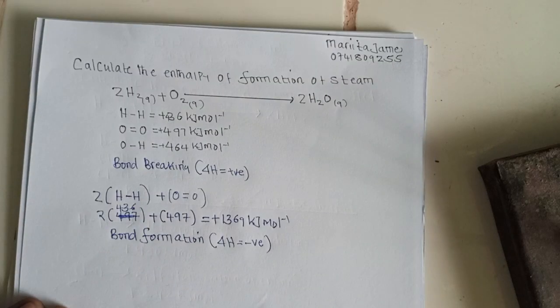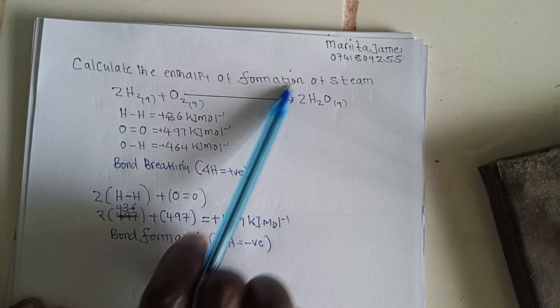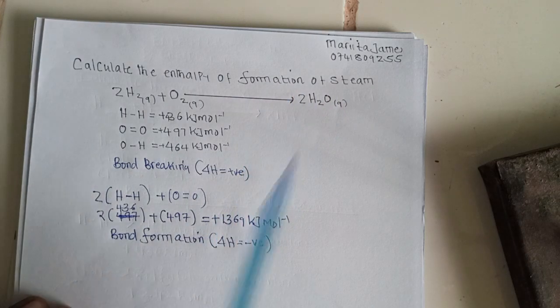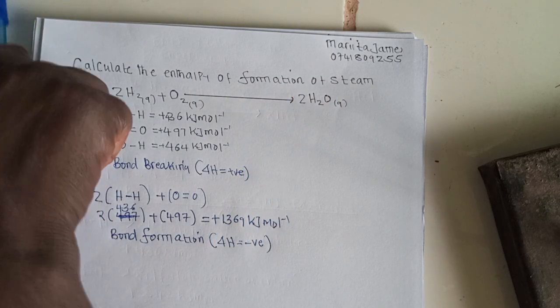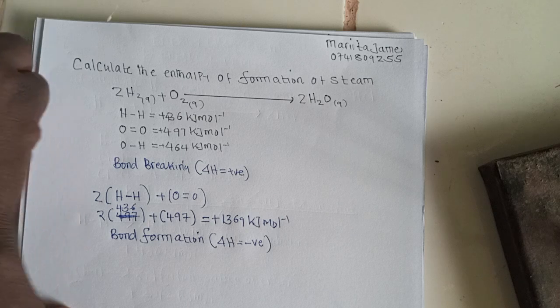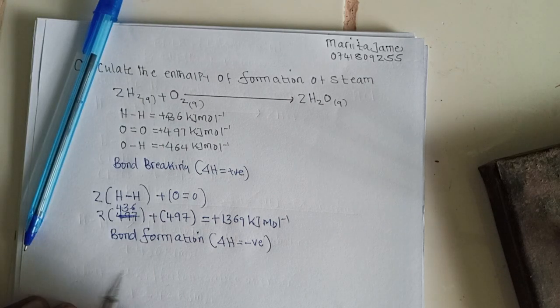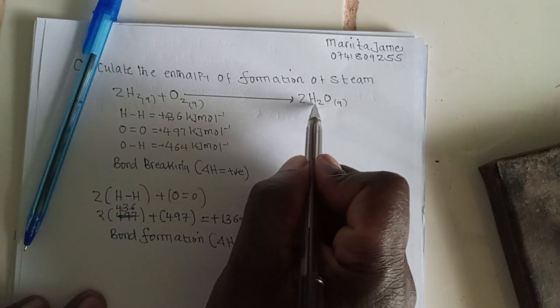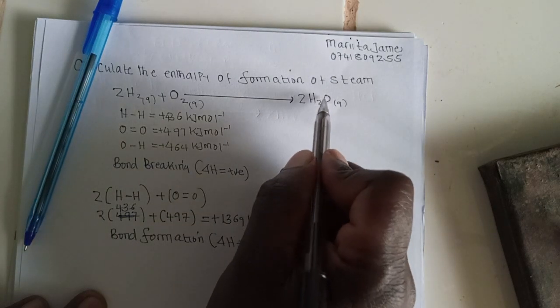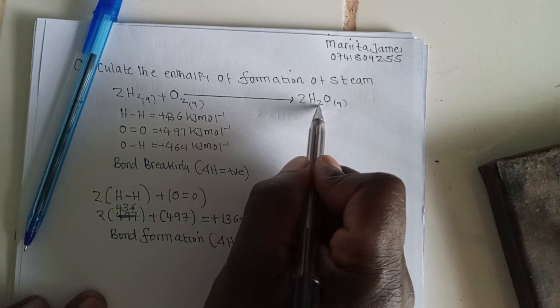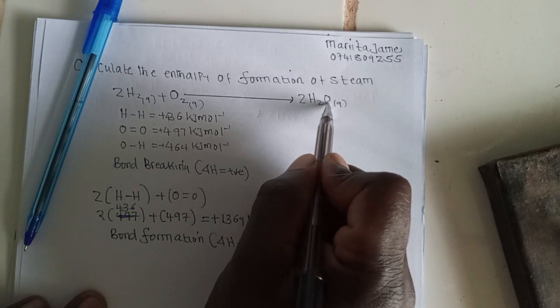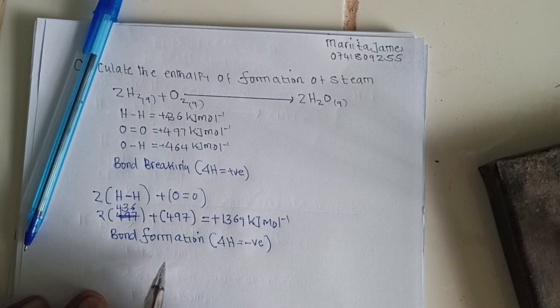And this one involves the product. In the product we have a bond between hydrogen and oxygen. We have 2 molecules of hydrogen here, then 1 molecule of oxygen.